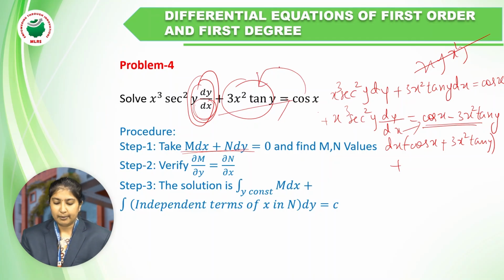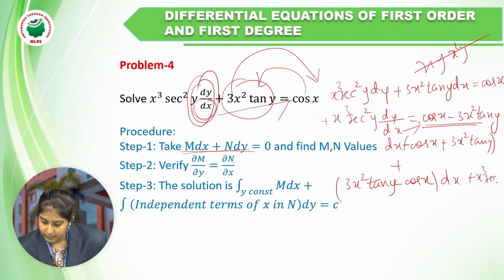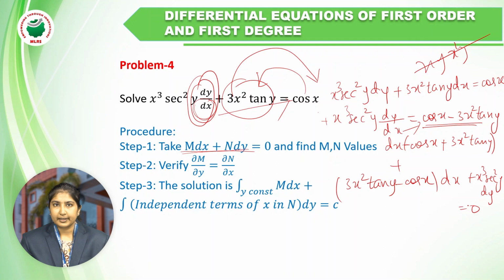It is your wish. I am taking this term here, so that I can easily get the equation in terms of M dx plus N dy. So what is my final equation? 3x square tan y minus cos x into dx plus x cube into secant square y dy is 0. Now am I getting the correct equation?